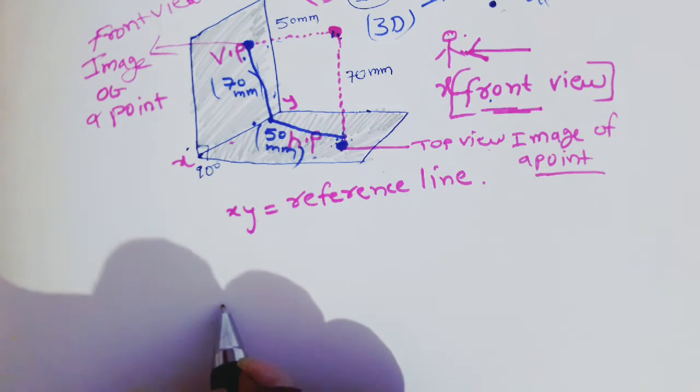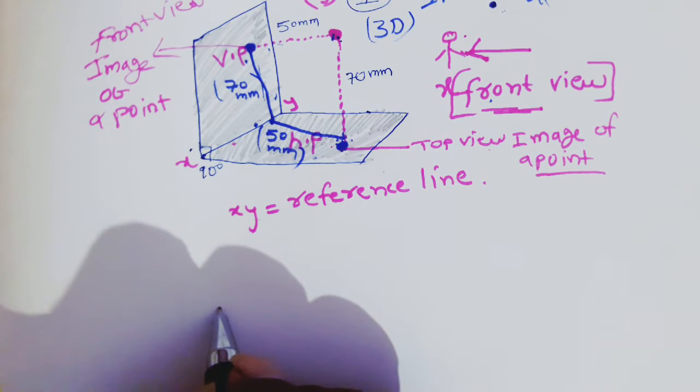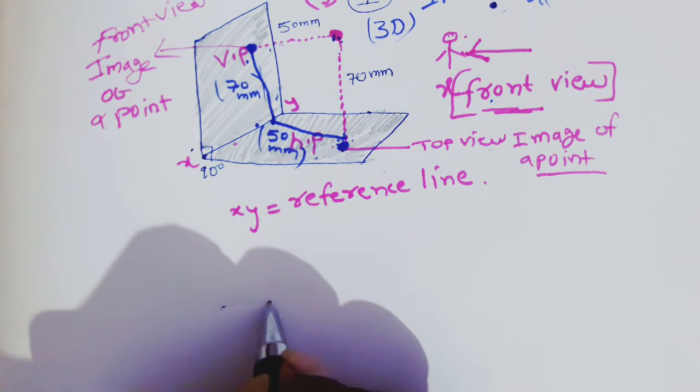First of all, take the drafter and draw one horizontal line.